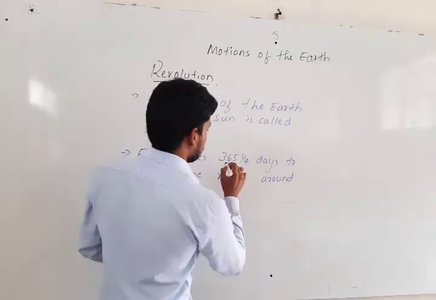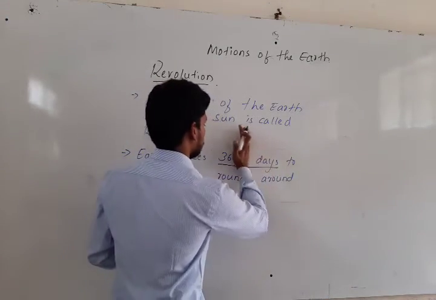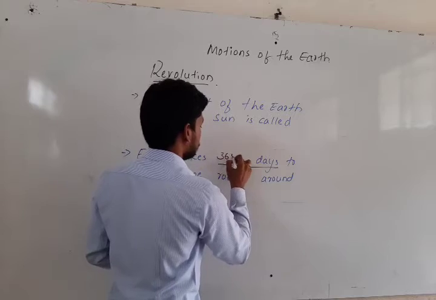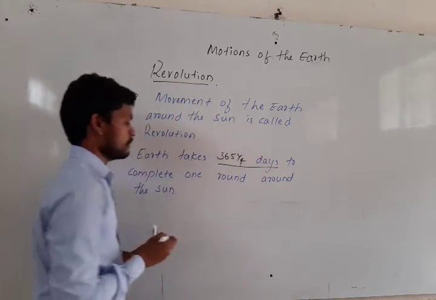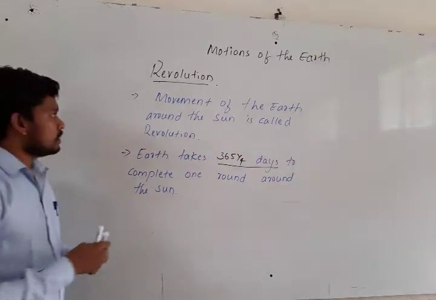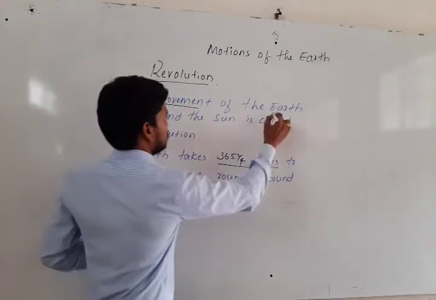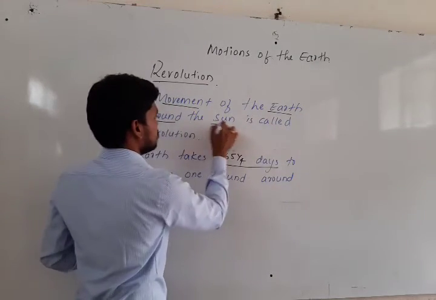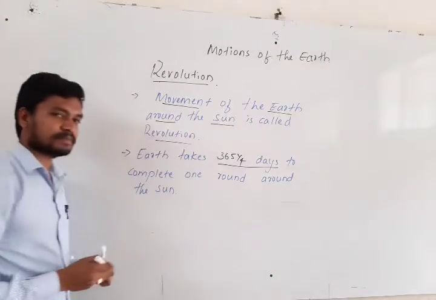It takes 365 days, 365 and 1/4. The movement of earth around the sun is called revolution.